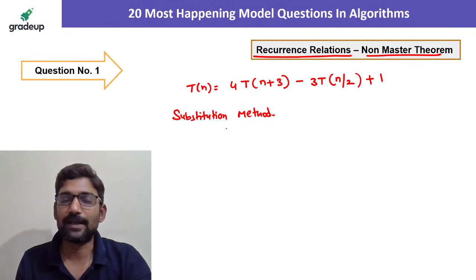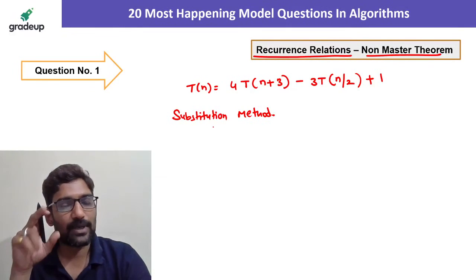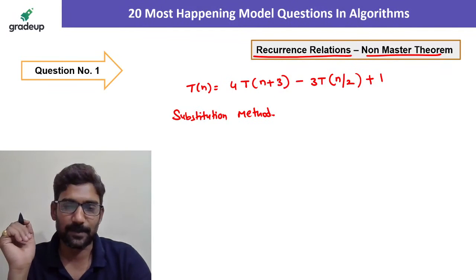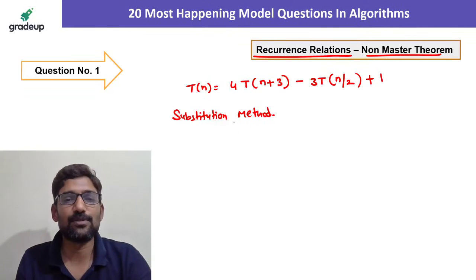As this is just a dynamically prepared question, I will be giving the questions. You can give every question's answer in the comment box or in the Telegram channel. But I will suggest the approach. What is substitution method?